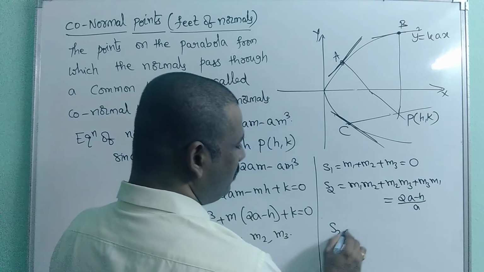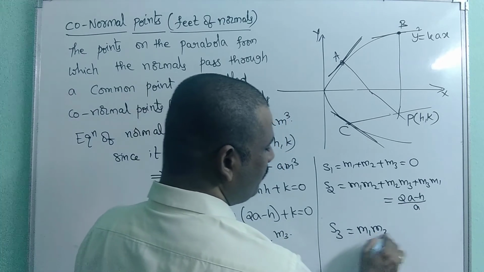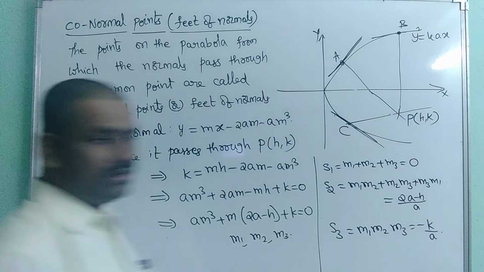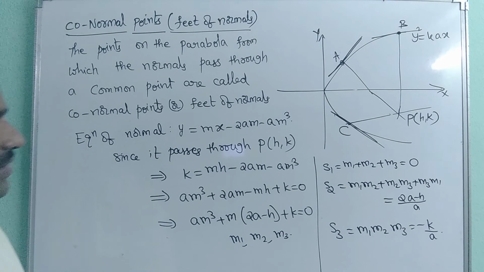And S3 equals m1 m2 m3, which equals minus k by a. This is S1, S2, S3 for this equation.